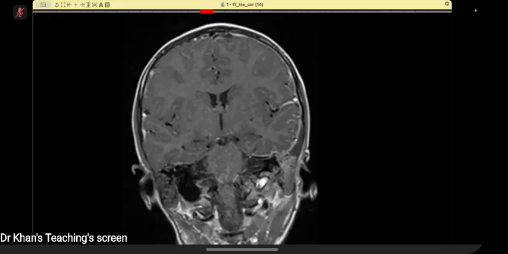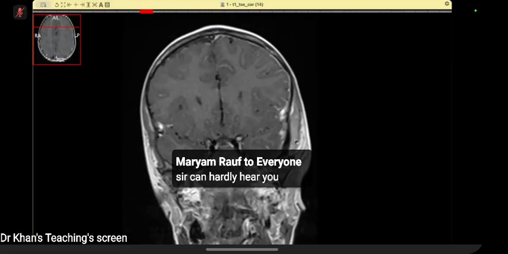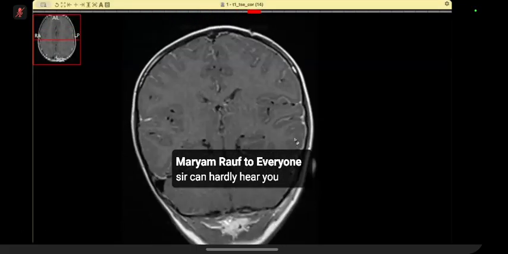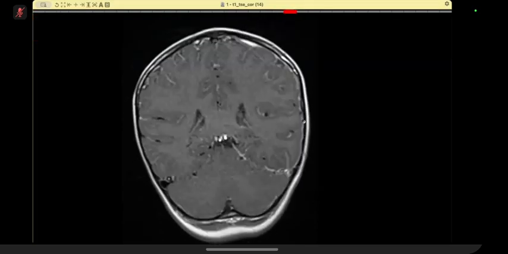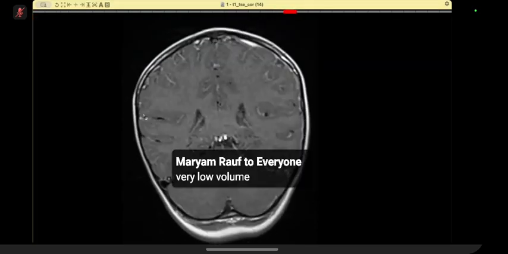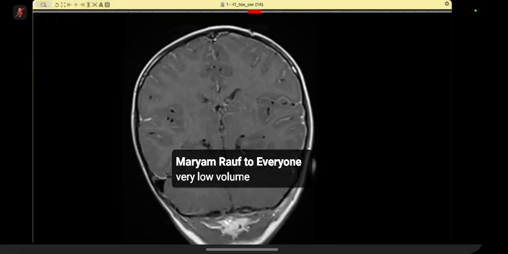So this is the pia mater. Otherwise there was no extension into the brain parenchyma. So you compare these meninges with this one, and you can see it is enhanced. Okay, candidate 3, well done.